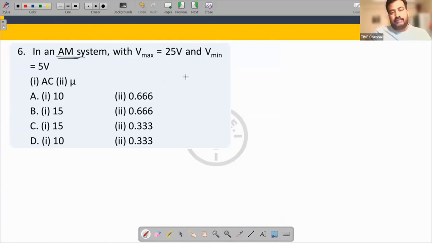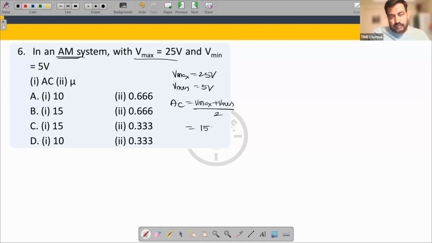In an AM system, Vmax is equal to 25 volt, Vmin is 5 volt. AC is Vmax plus Vmin by 2, that's 15 volt.